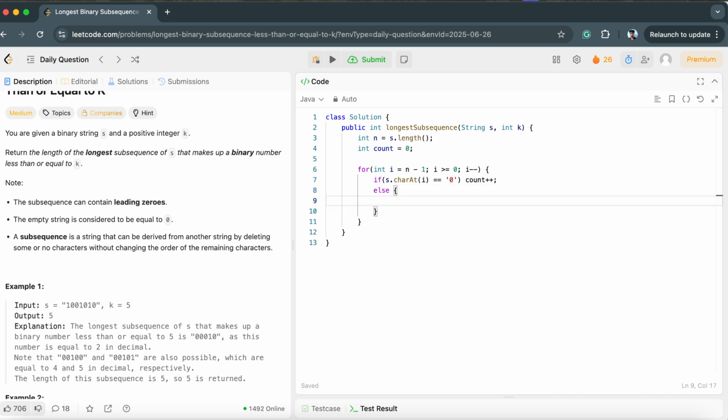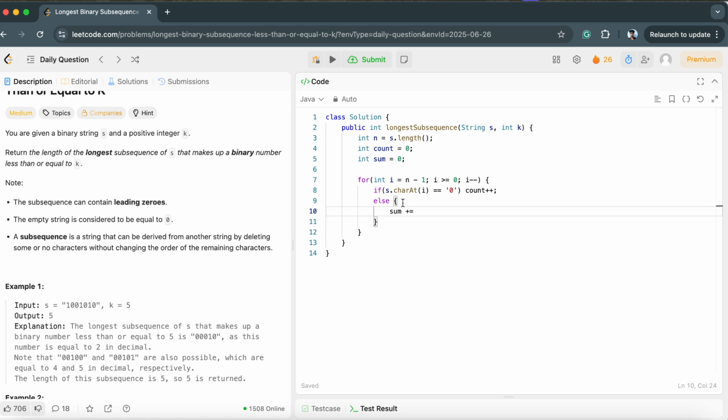Else, in the else condition, the first thing that we will do is create another variable right outside here, sum equals 0, and in this sum I'll add the value at the current index. If it is 1, then only we enter into this else condition, so we have to simply get 2 to the power of that particular index.